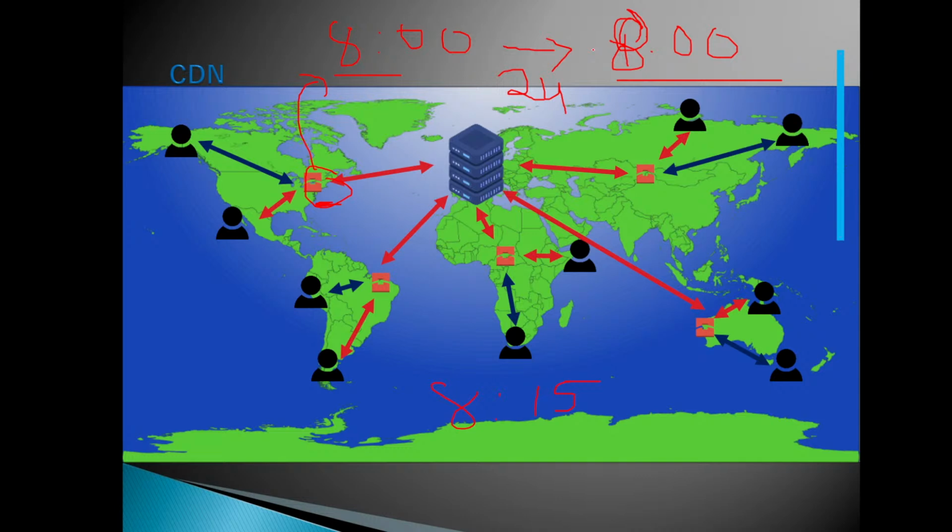Let's say half an hour, 1 hour, 2 hours, and so on. But for websites like Facebook, Twitter, or YouTube, the TTL has to be very short. So they have a TTL of 1 second, 15 seconds, and so on. Are we clear? What is an edge location and CDN?